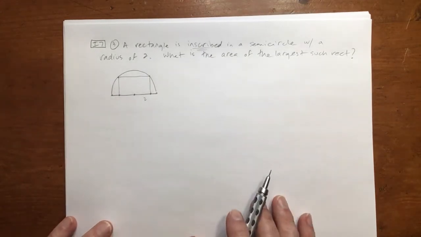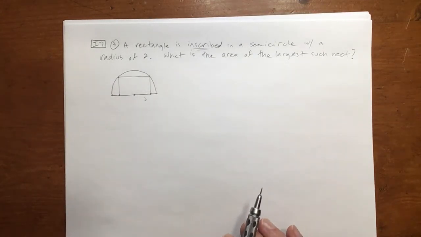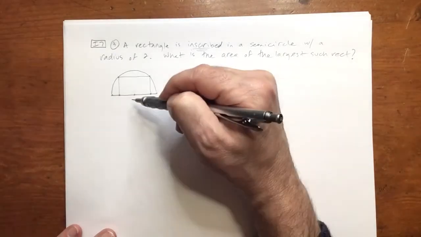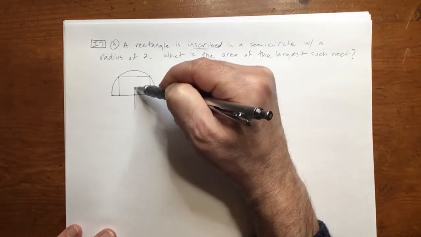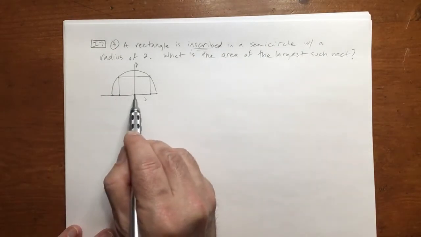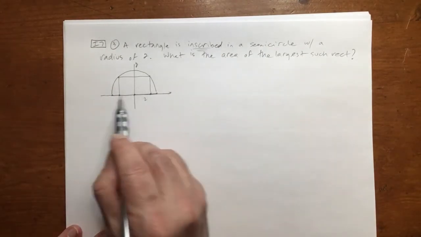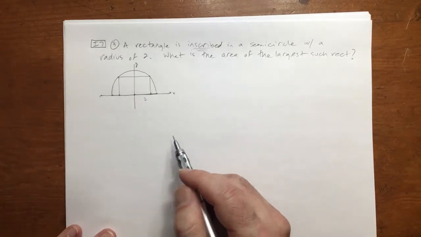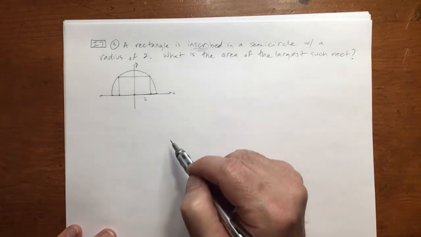Okay, and I've seen students come up with some pretty clever methods for solving this, but the one I like the best is this one. I like to slap onto here a coordinate plane with the origin right at the center of that circle. And the reason I like to do that is because I know the equation of that circle.